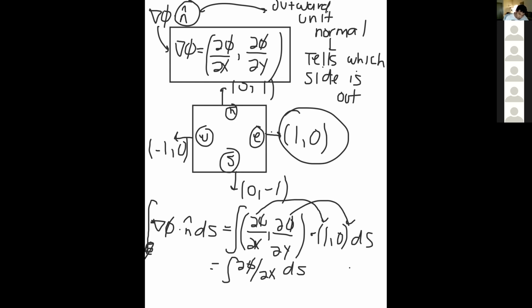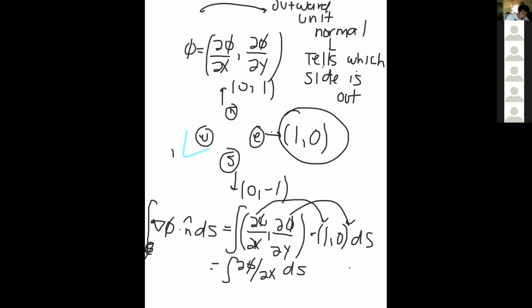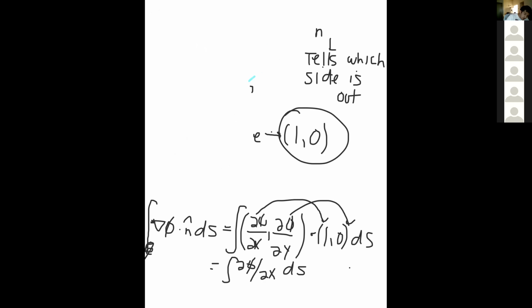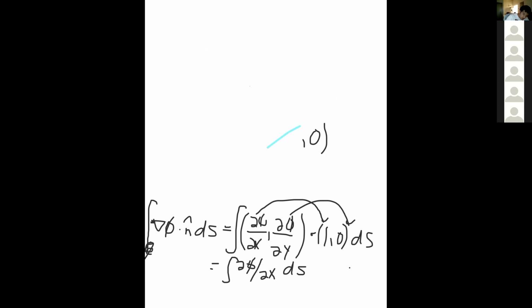Okay, so let me write out the expressions for all the other faces, and I think we'll probably call it there today. So let's do the north face. North, we have the same things.